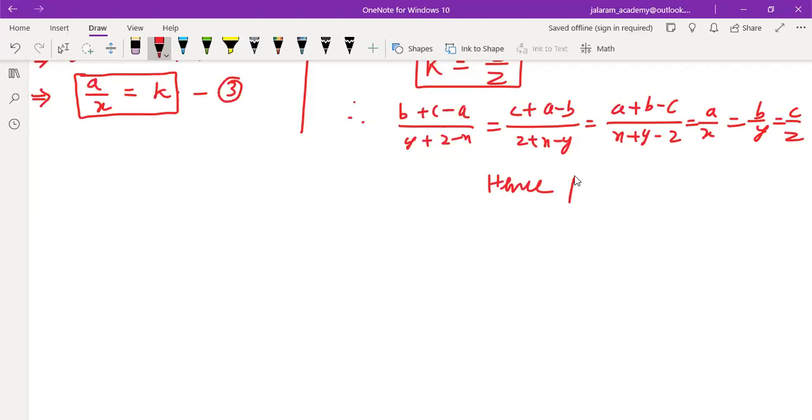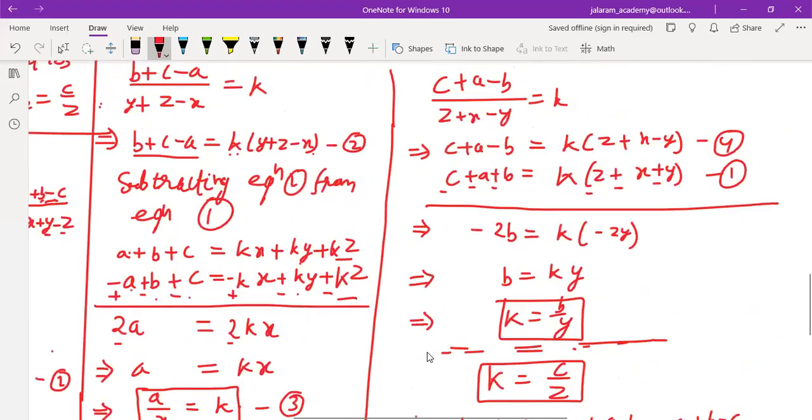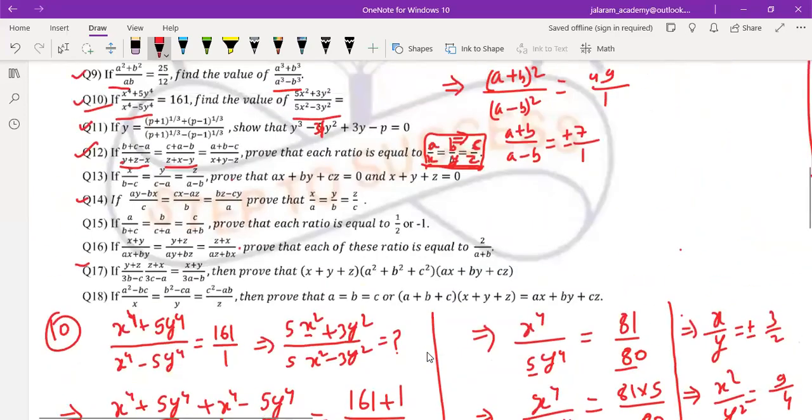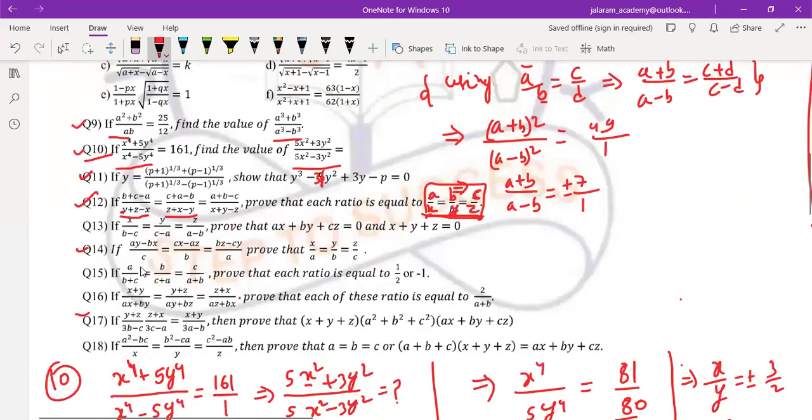Hence proved. Understood, everyone? So this is the solution of question number 12 from our sheet.